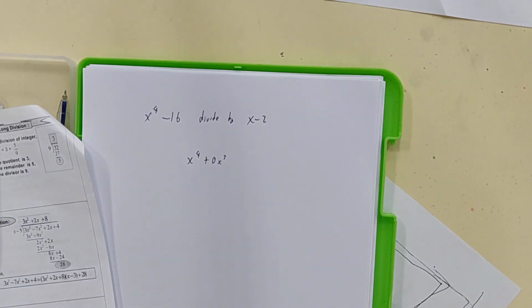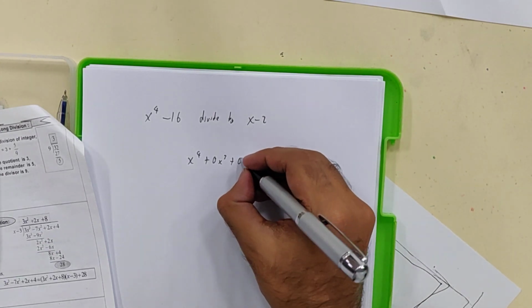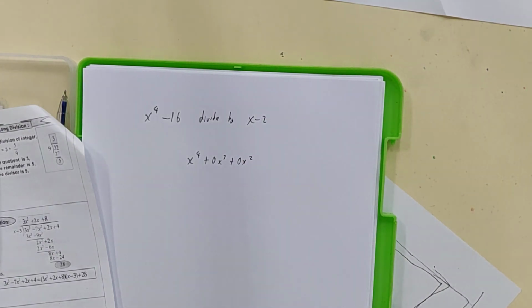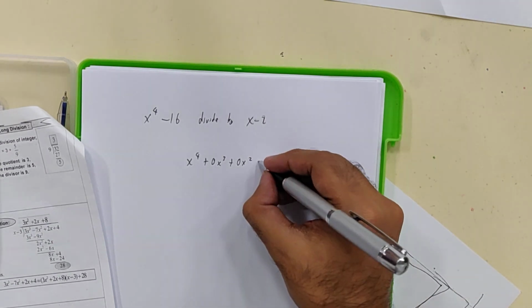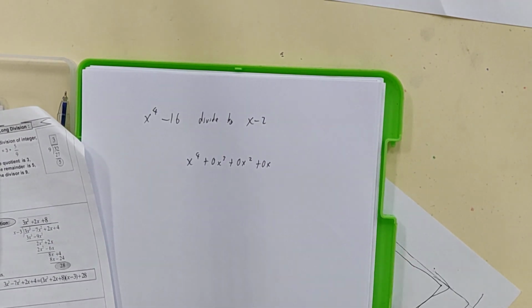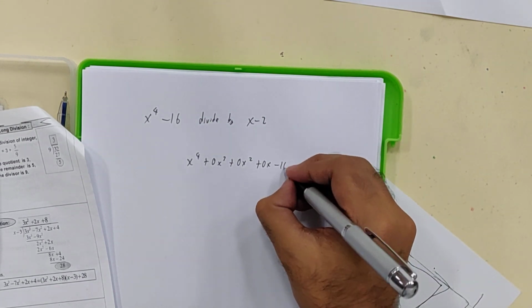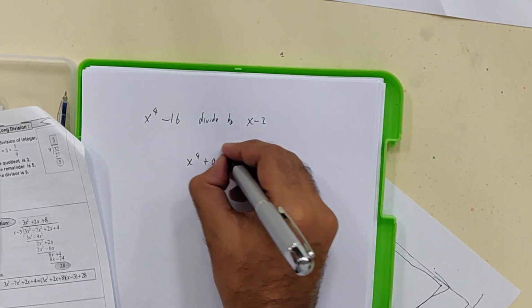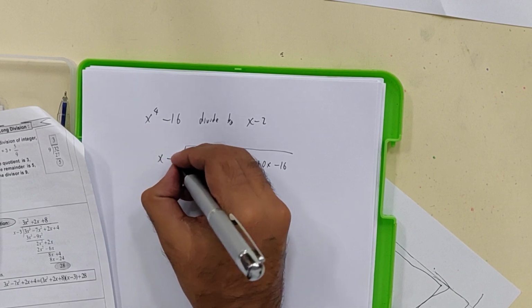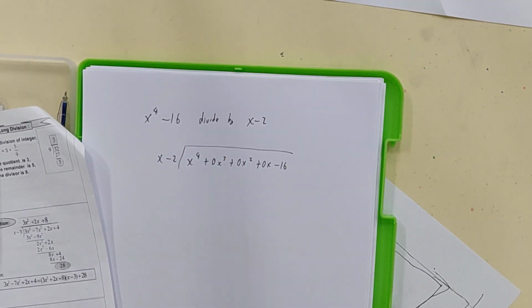Does it have any x squared? Yep, same technique, 0x squared. What about x? Plus 0x. After that, minus 16. Okay, good luck. Try it out.